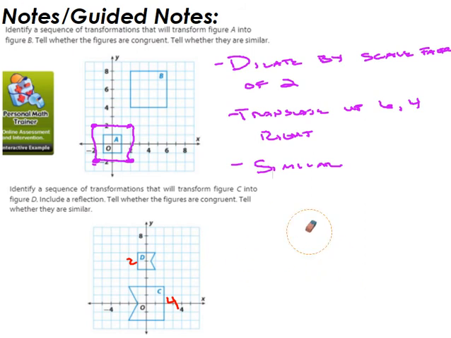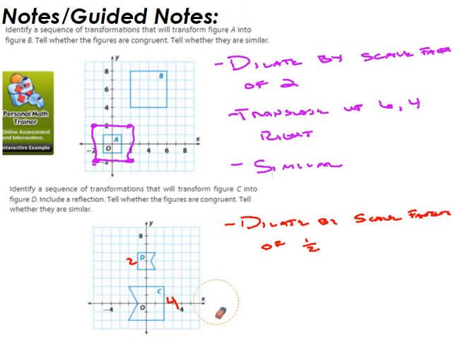So first thing we're going to do is we're going to dilate by a scale factor of 1/2. And that's going to shrink it quite a bit, to the correct size. And then what we gotta do is figure out, where do we go from there? So first, let's do that.